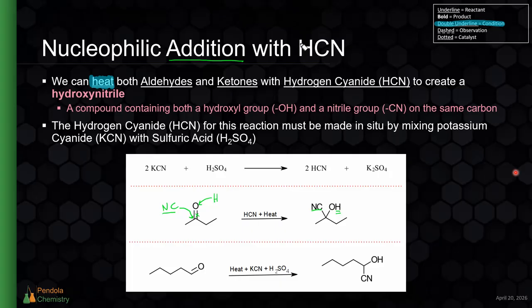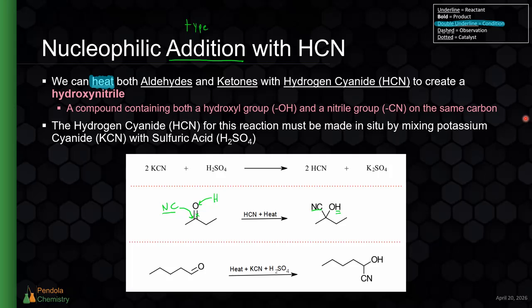But before we talk about its usefulness, let's talk about its mechanism, because realize that addition is the type of reaction. This is something that we talked about in chapter 14, but it's worth re-mentioning here. Addition is the reaction type.